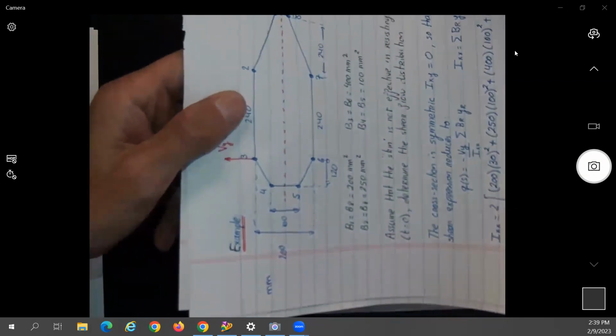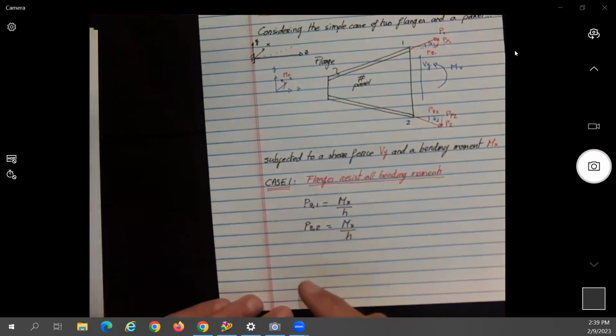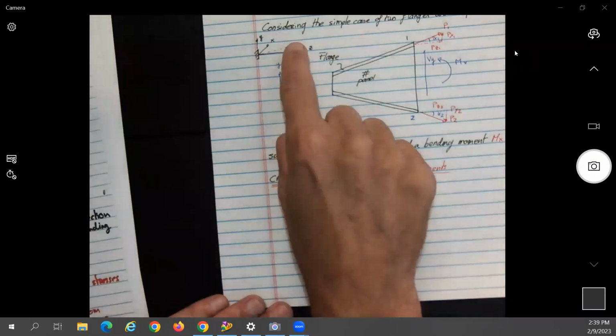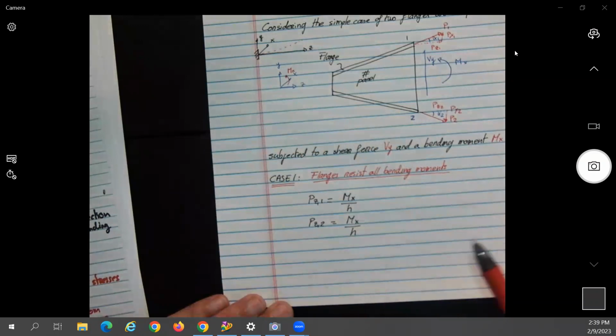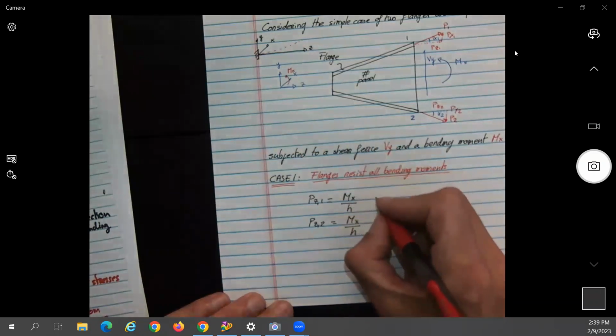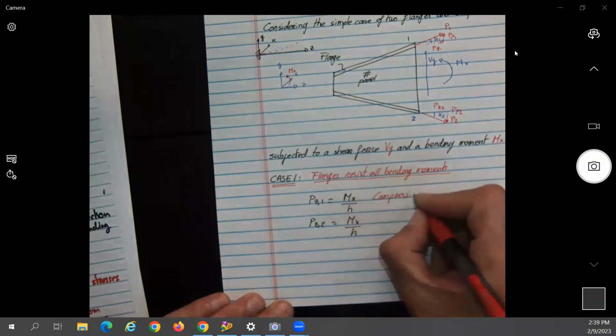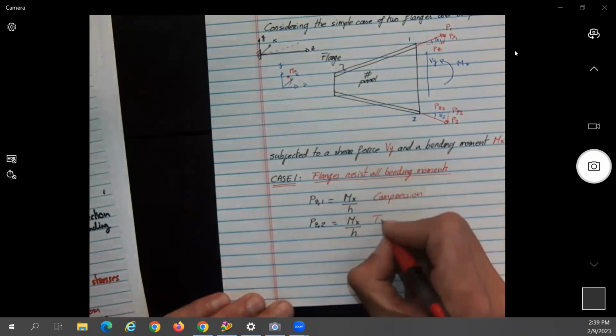The outside is in tension or compression, and the inside will be in compression. So this side will be in compression, and this side will be in tension.